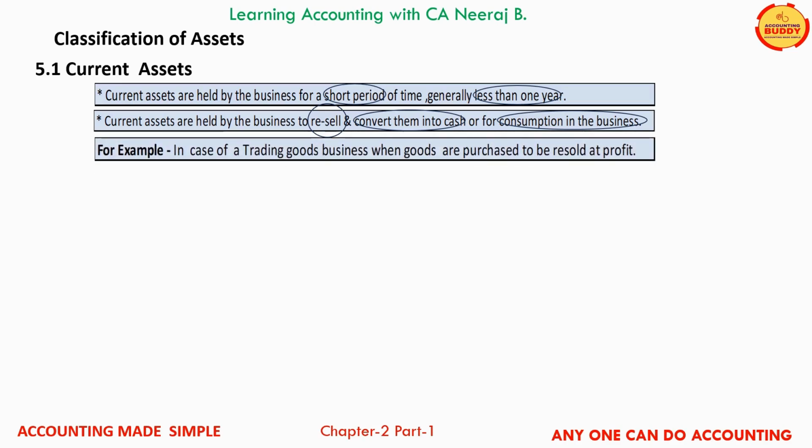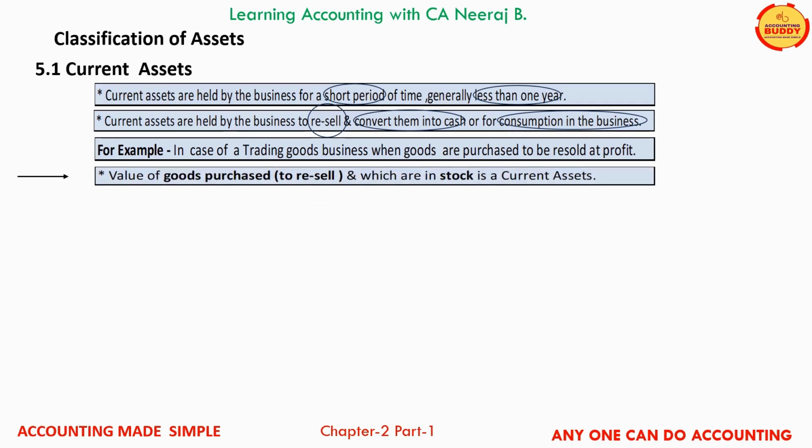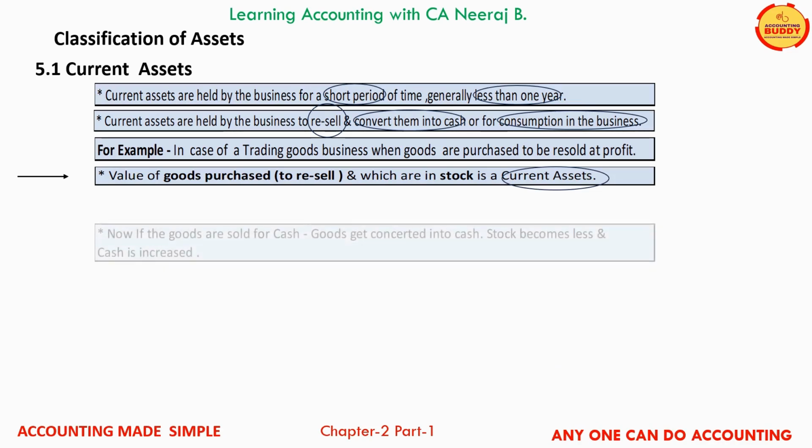For example, in case of a trading business, when goods are purchased, there can be the following business situations. Situation number one, there might be unsold stock of the goods. The value of unsold stock is classified as current assets.